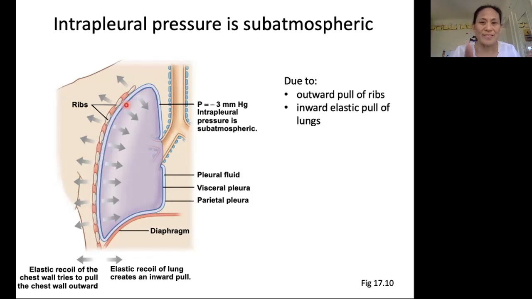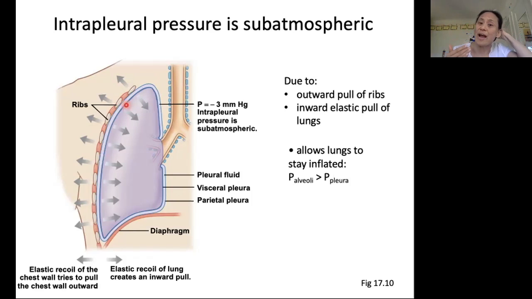Moving on, what does that mean for the lungs? That subatmospheric intrapleural pressure actually allows the lungs to stay inflated. Okay, so since we have a subatmospheric pressure inside of the pleura and an atmospheric pressure, usually at rest, inside of the lungs, right?